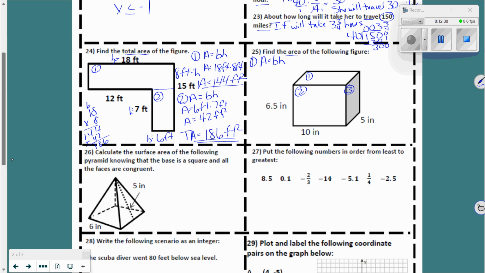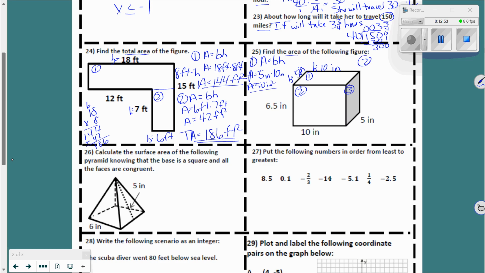So for number 1, my base I can bring up is 5 inches, not feet. And this one would be 10 inches for my height. So 5 inches times 10 inches, or 50 square inches. That's number 1.